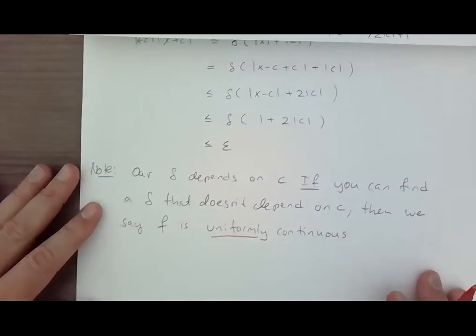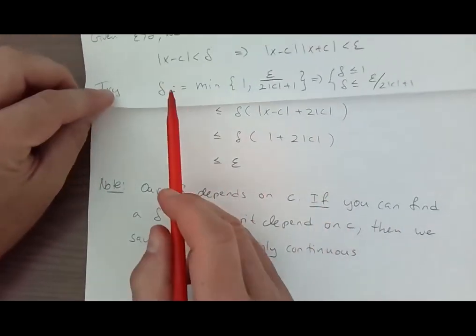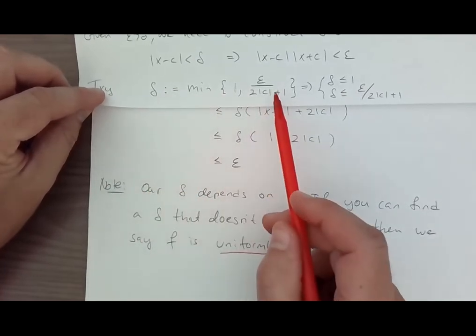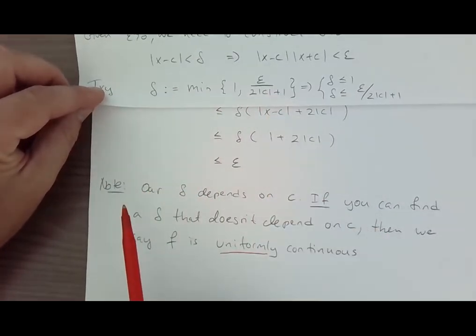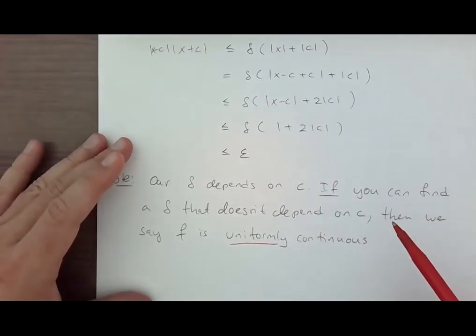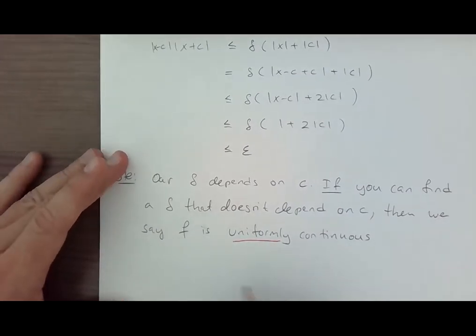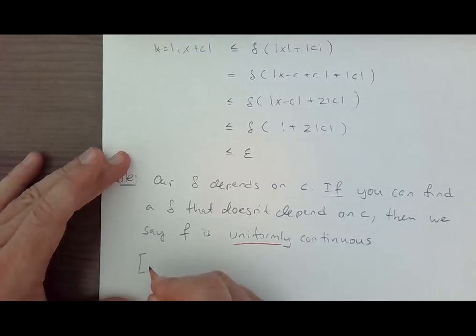So our example doesn't show anything about that. The only delta that we have created depended upon c. And so, based upon what we've seen above, we are not able to conclude anything about uniform continuity. So this is just a note.